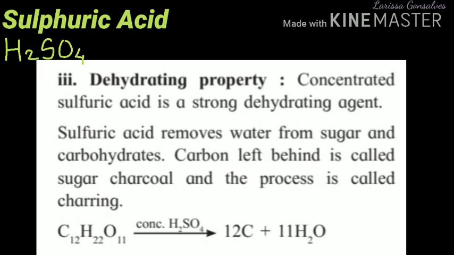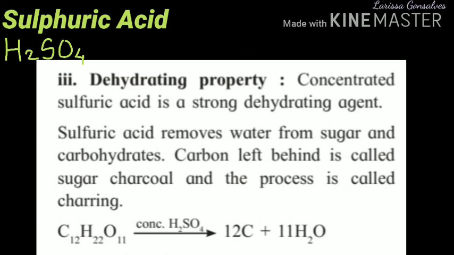Next is the dehydrating property. Concentrated sulfuric acid is a strong dehydrating agent. Dehydrating agent means the reacting molecule loses water. So here sulfuric acid removes water from sugar and carbohydrates.